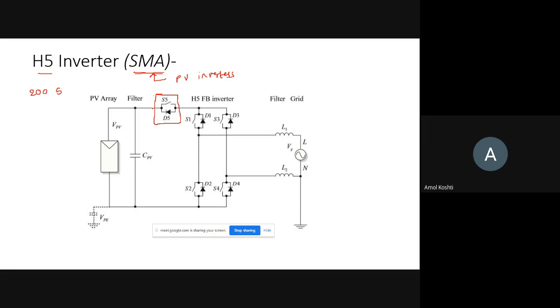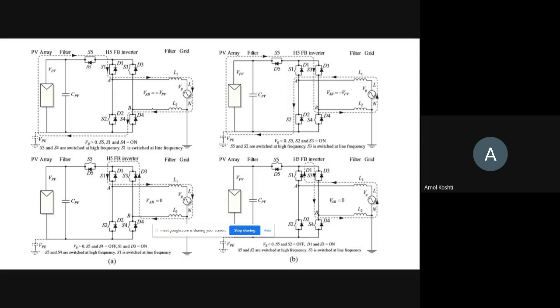So let us see how these switches are switched. It is very simple. S5 is turned on first. Then two diagonal switches from the bridge, that is S1 and S4, are turned on, and the output is produced.